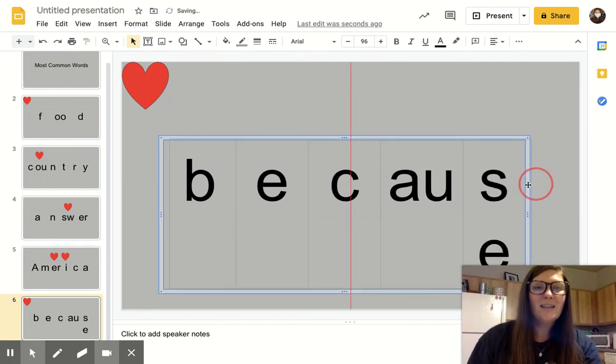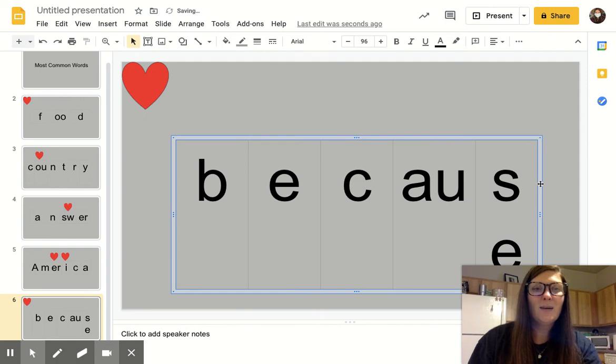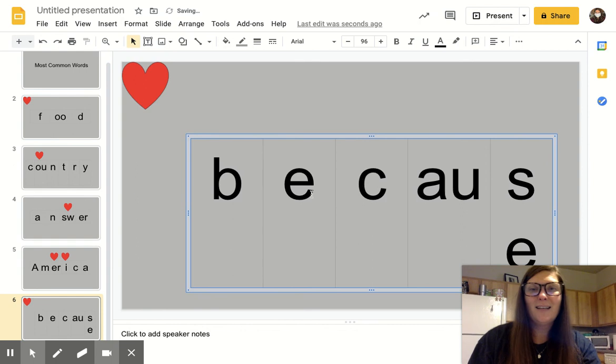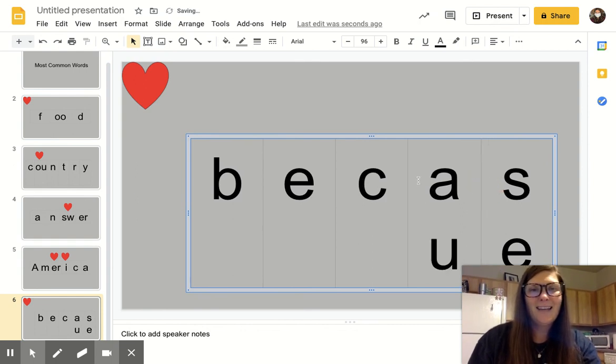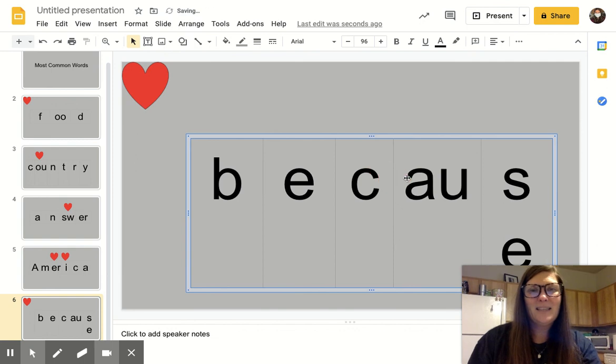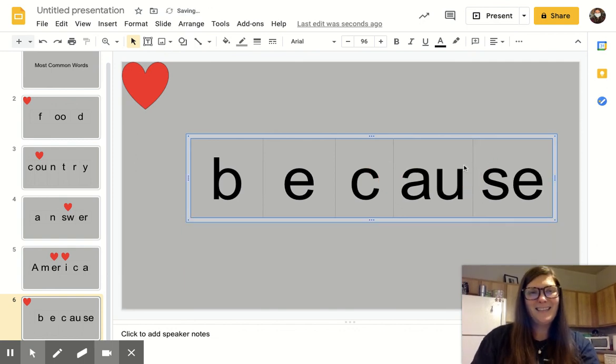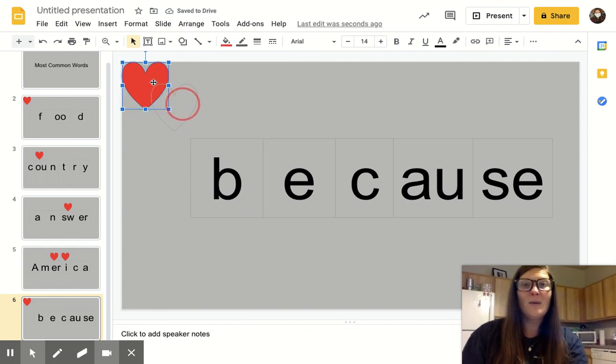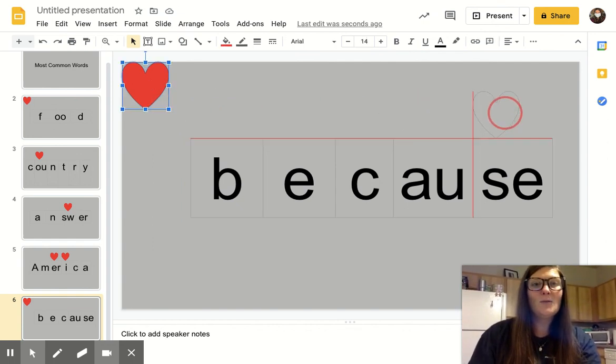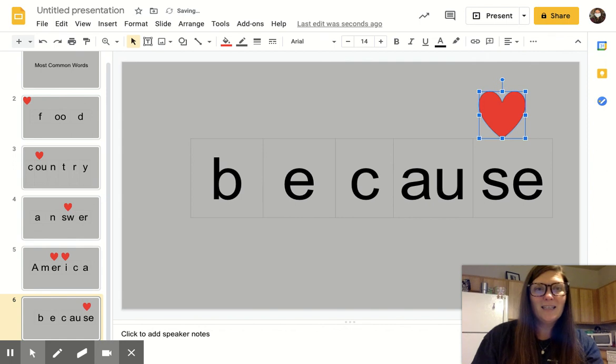So that is our heart. Uh-oh. Let's see if I can just stretch that part out. Nope, doesn't like it. I'll have to stretch the other way. Let me see what I can do here. What about that? All right, so my heart is going to go with the S-E, because normally we would just use an S to spell the Z sound at the end of because.